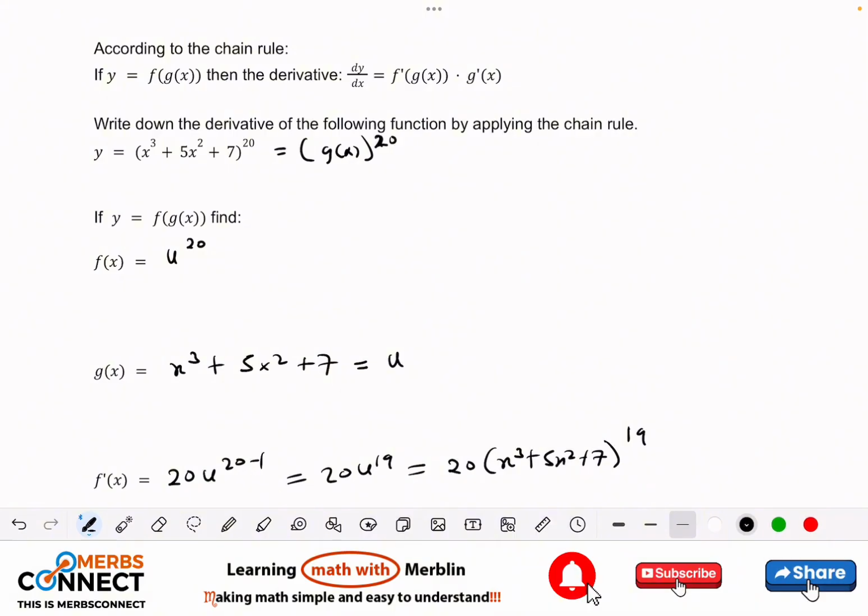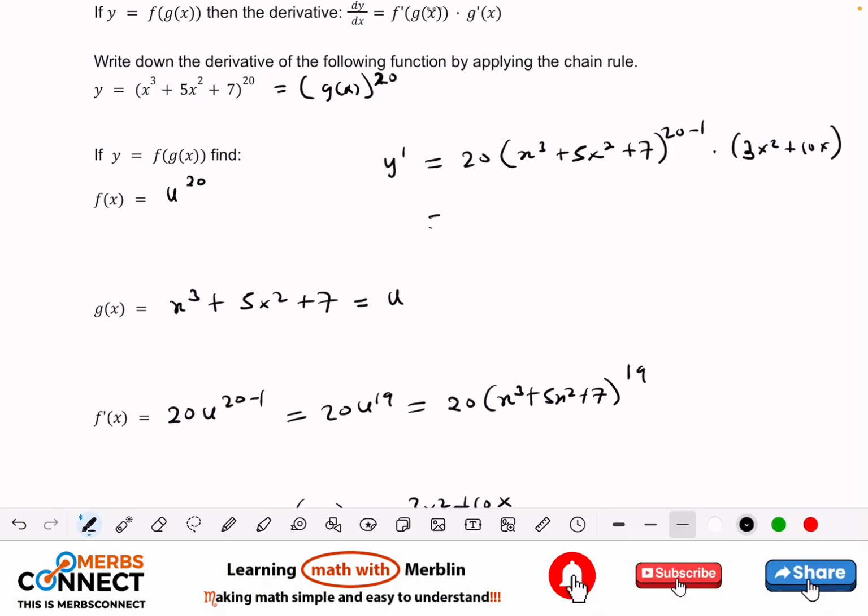So let's go. y prime will be equal to, first we apply the power rule, so 20 will drop down, then I maintain the whole function x to the power 3 plus 5x squared plus 7, to the power 20 minus 1, times, now I differentiate what is inside the parentheses, which is going to give us 3x squared plus 10x, good.